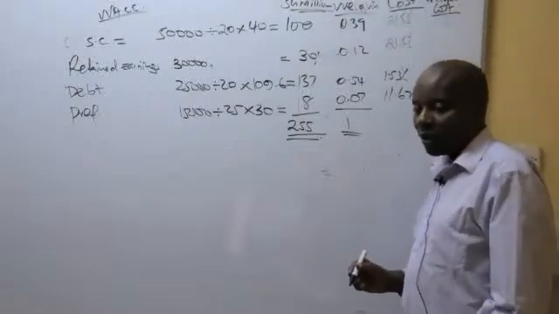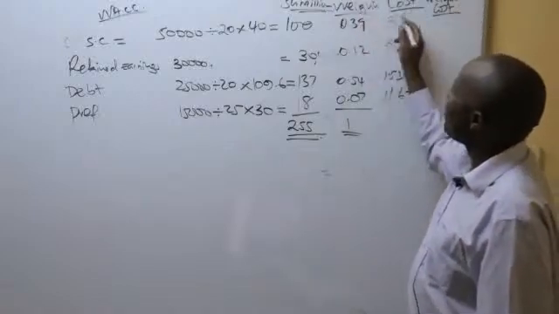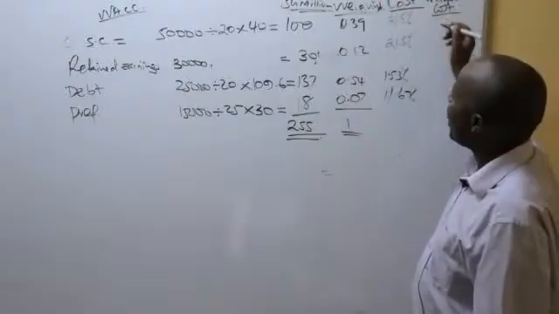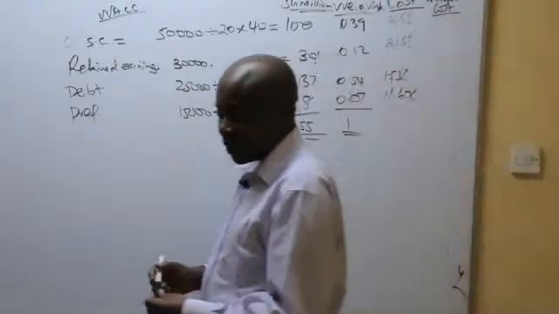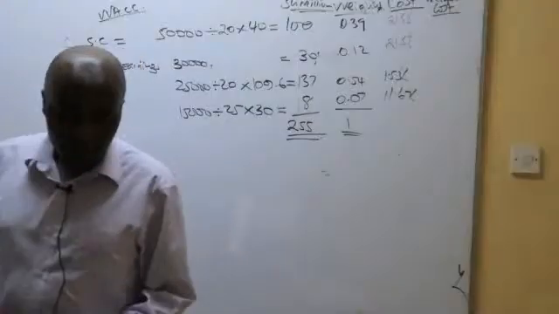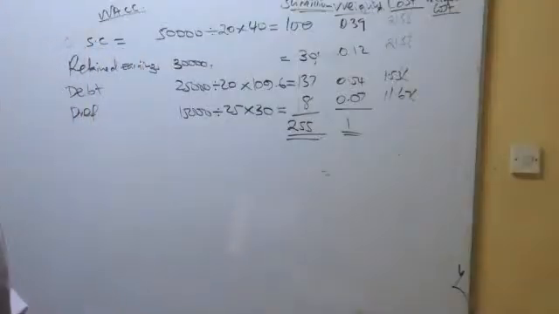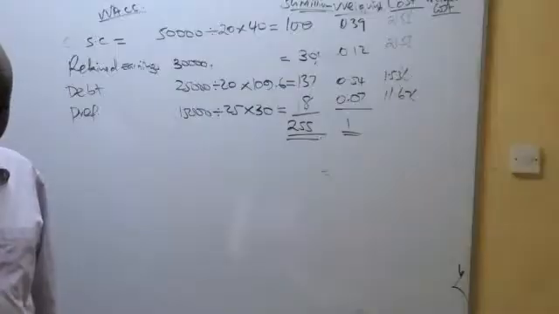So the weighted cost, basically you are taking this times this, to 2 decimal places. Tell me what we have.